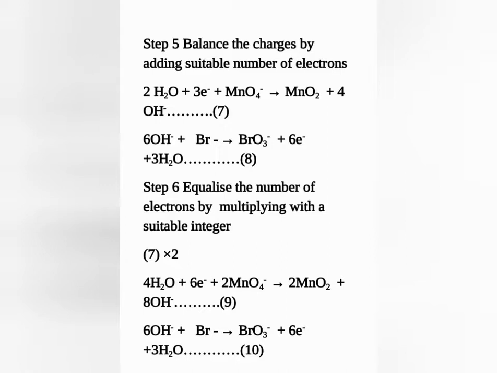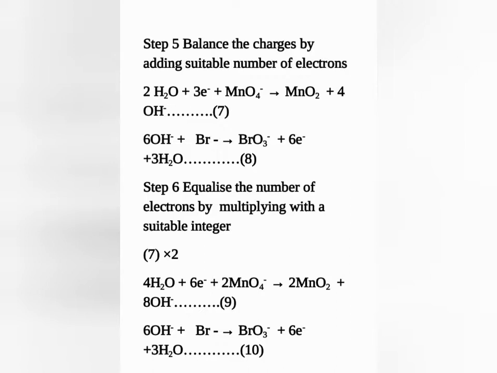And step 6 is the same thing itself: equalize the number of electrons by multiplying with a suitable integer. In the first equation we have used 3 electrons, but in the second one we have used 6 electrons. So to equalize the number of electrons in both equations, we have to multiply the first equation with 2.